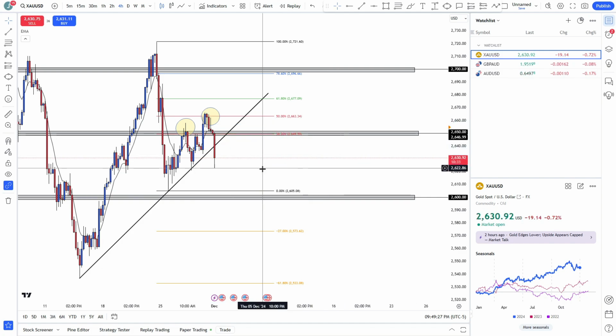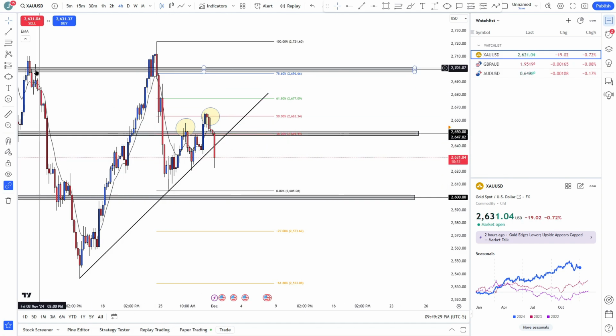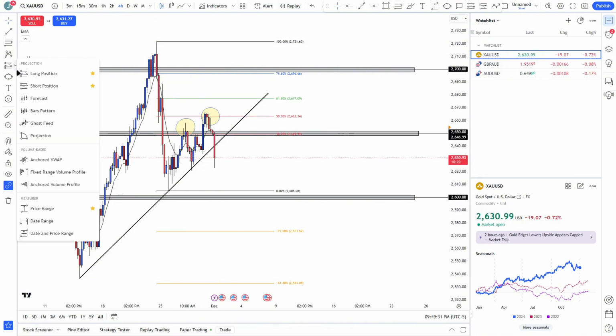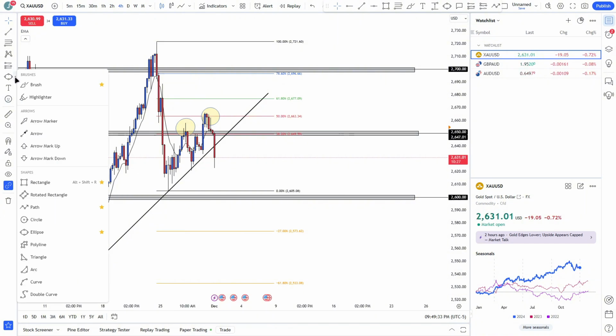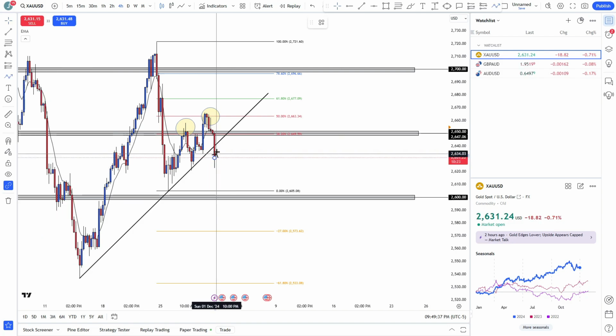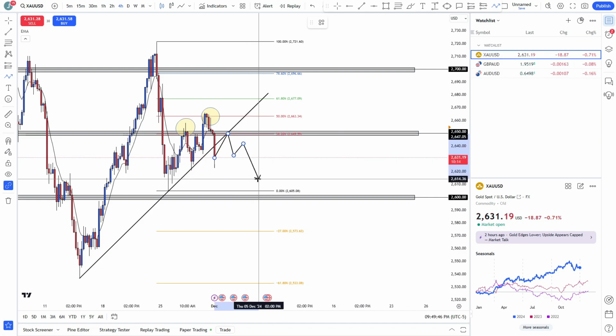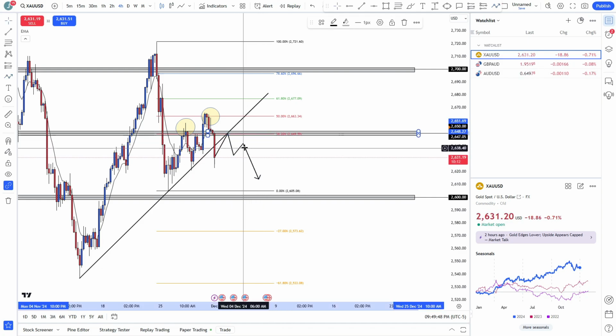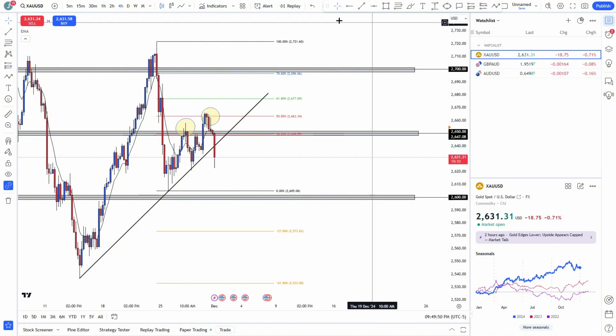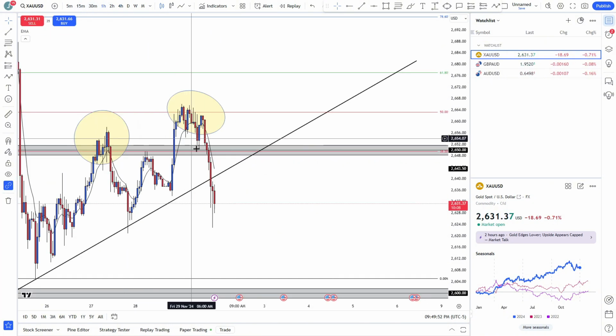Actually, no. I just want to see price create some good structure before giving any reason to enter. Potentially something like this, maybe retrace to this level. Unlikely though, price might just continue dropping. But if we do see price stall out for a bit, I do think that is where price will be headed.